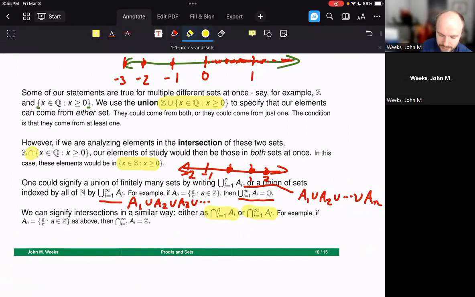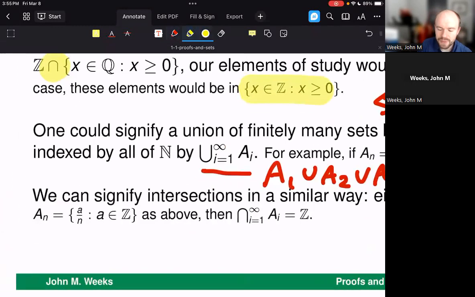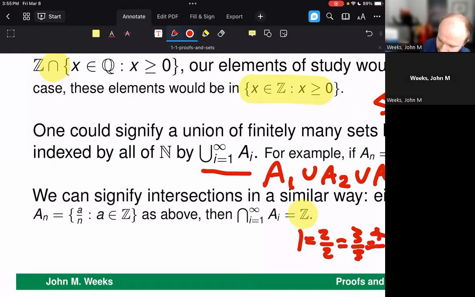For example, if we're taking the sets as we had from above, then I'm looking for any particular numbers that could be written as something over n, regardless of the number n. Well, this ends up being just the integers, because any integer can be written as any number over n, but it's okay for us to write it as different numbers over n when we do so. So this would just be the integers for this intersection.